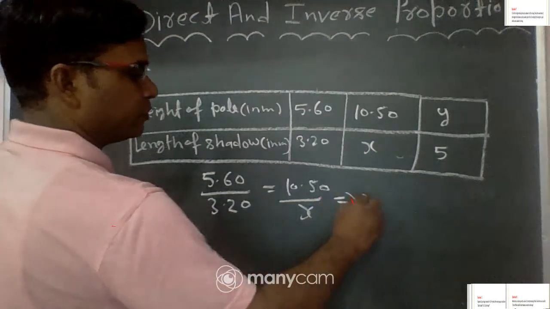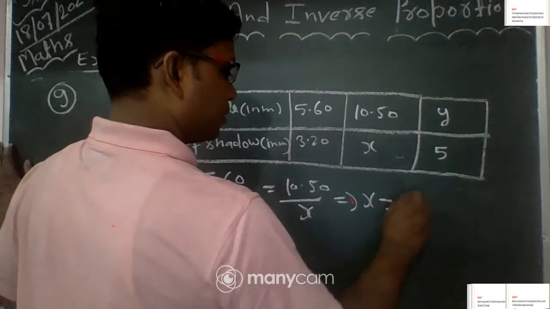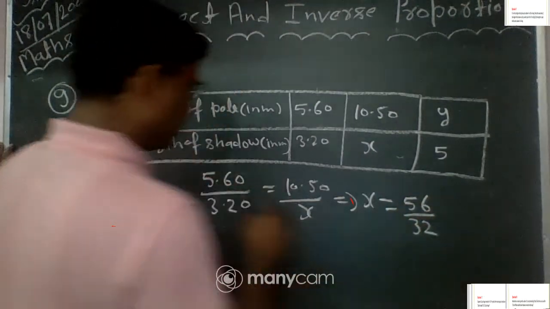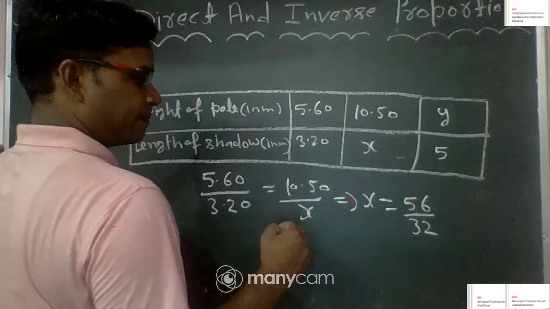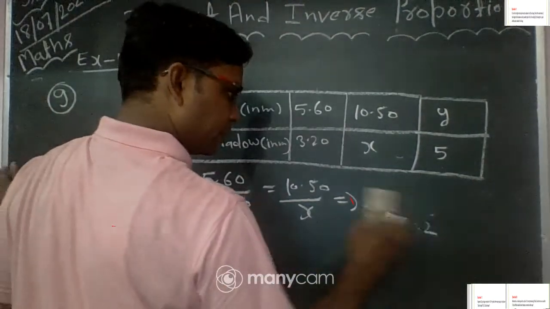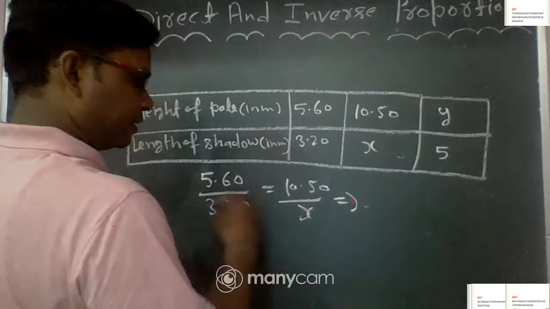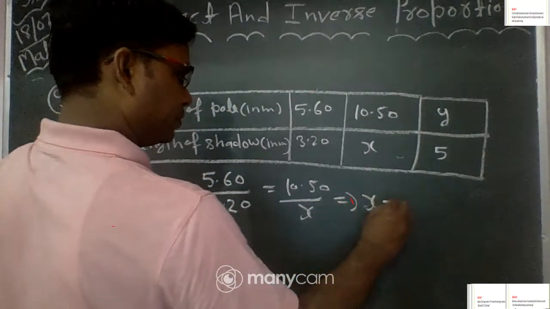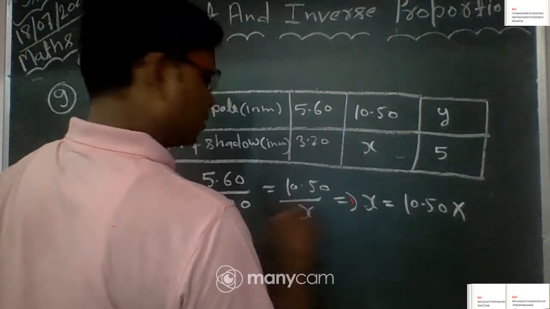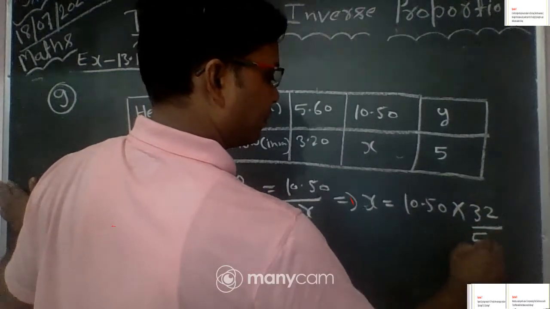x is equal to, you can write 560 by 32, you remove here the decimal. Okay, sorry, x is equal to, multiplying here, x is equal to 10.50 into 32 by 56.